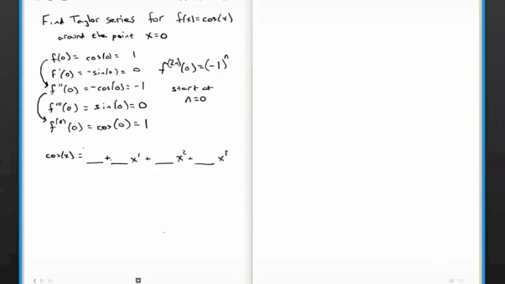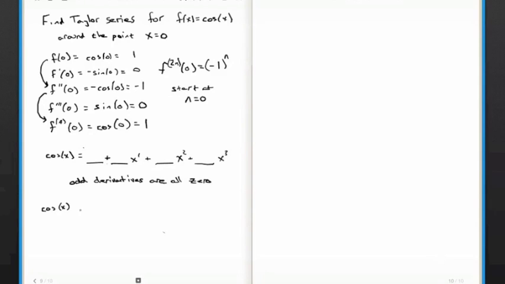Now, here I have to recognize that what do I multiply by x to the first? It's my first derivative. What do I multiply by x to the third? It's my third derivative. And these odd derivatives are all 0. So when I write this out, I'm just going to write out my even derivatives.